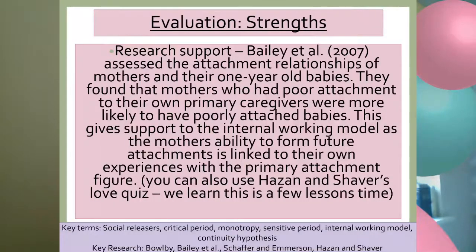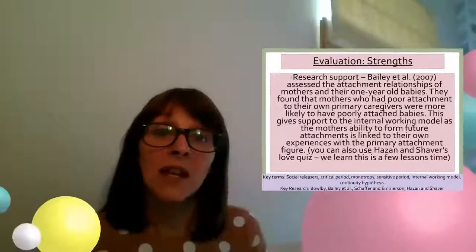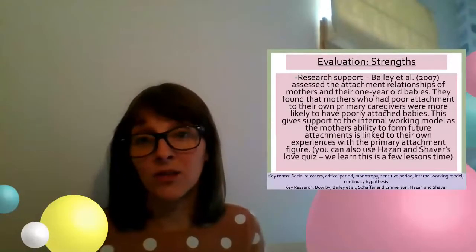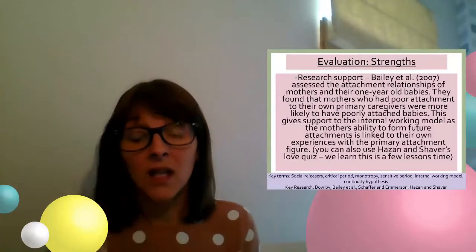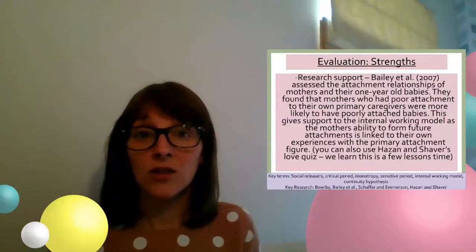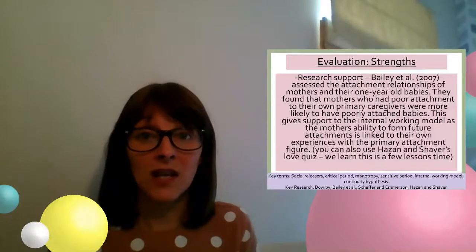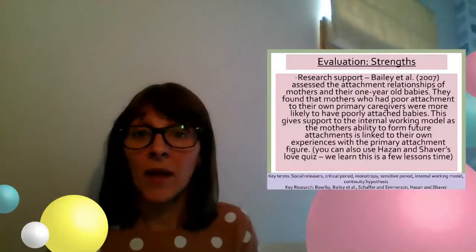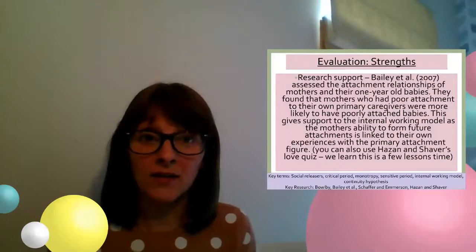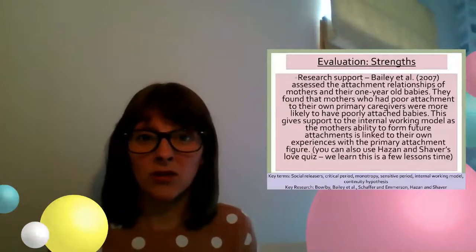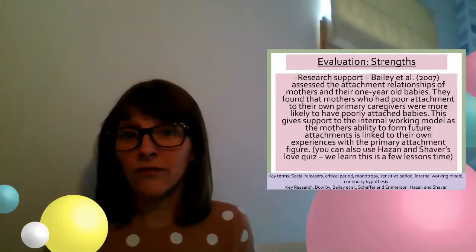You can also use Hazan and Shaver, which we'll look at in early attachment and adult relationships. This is something called a love quiz, and what they did was they gave a questionnaire to individuals in a newspaper, and this questionnaire could be divided into sections, with questions about an individual's attachment to their parents, attachment to their partners, and their perception of things like love.